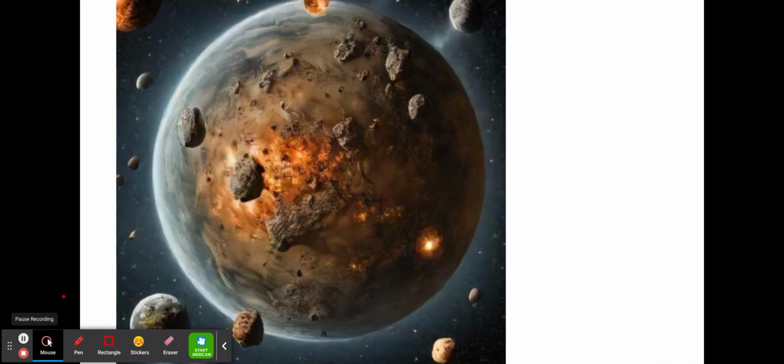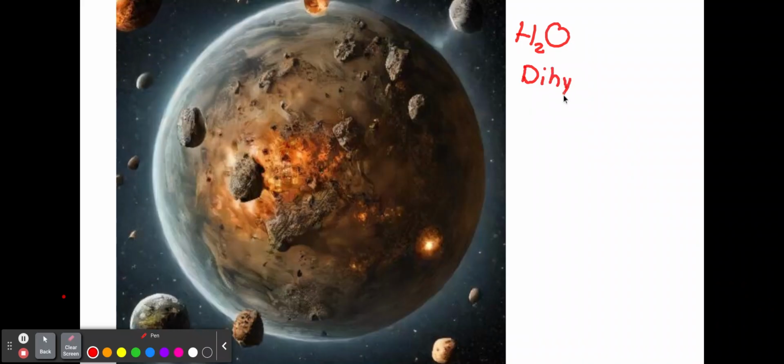Of course, we needed this bombardment because those comets and asteroids were carrying a very precious cargo. Without this, there would be no life, and again, there would be no eyes. The comets were carrying H2O, two hydrogen, one oxygen. We know this as water, or by the more sophisticated name dihydrogen monoxide, because there's two hydrogen.